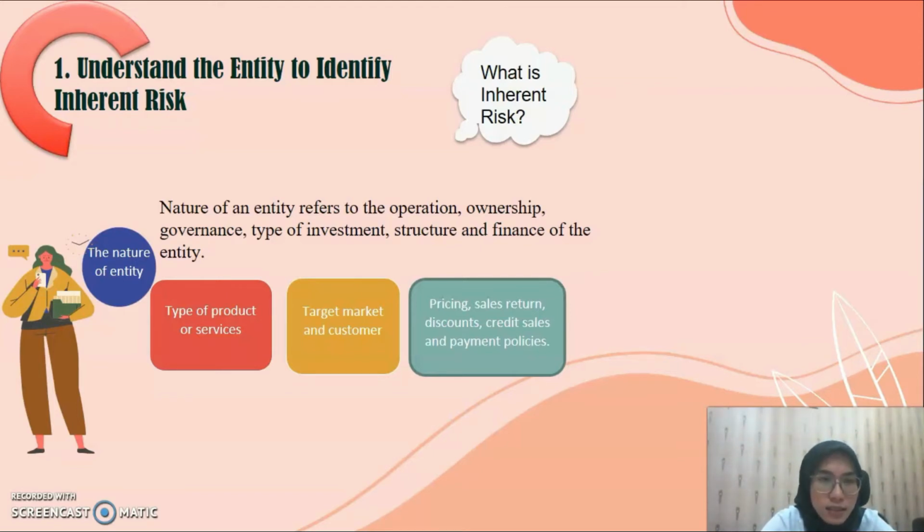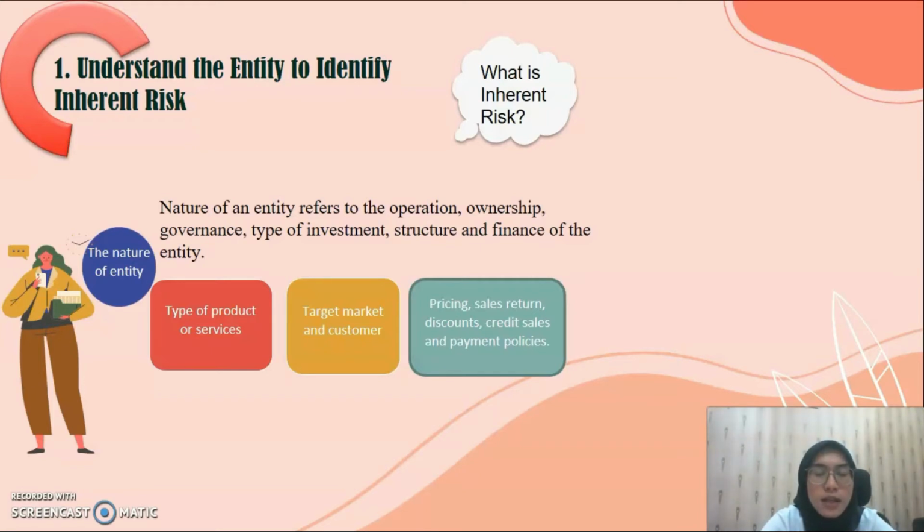Understanding the entity is the kind of knowledge that an auditor needs to have. The environment of the entity, such as the nature of the entity, needs to be known and understood. Nature of entity refers to the operation, ownership, governance, type of investment, structure and finance of the entity.